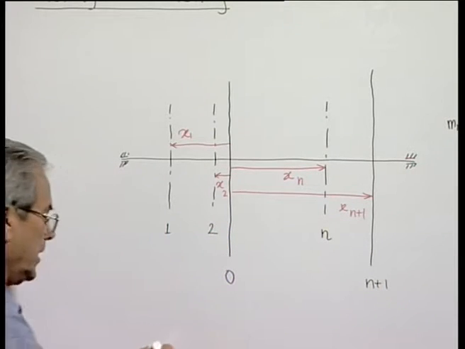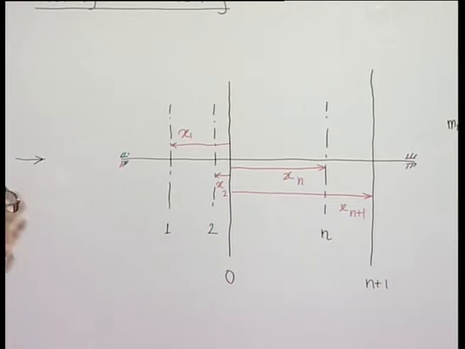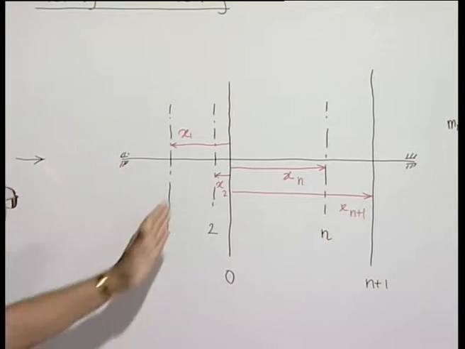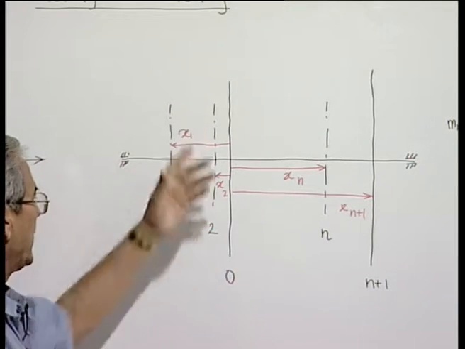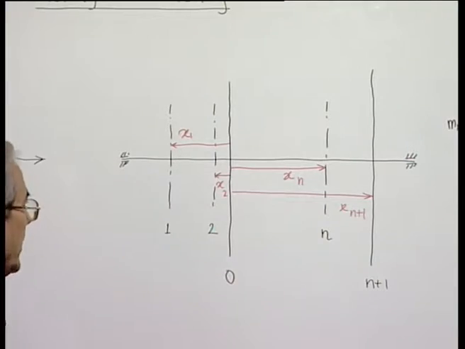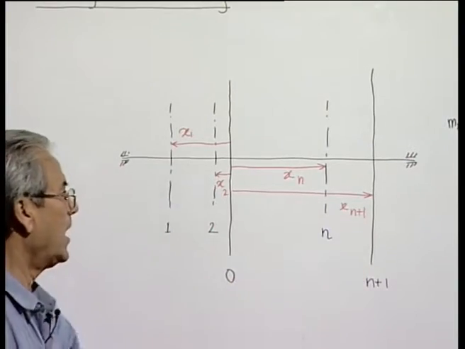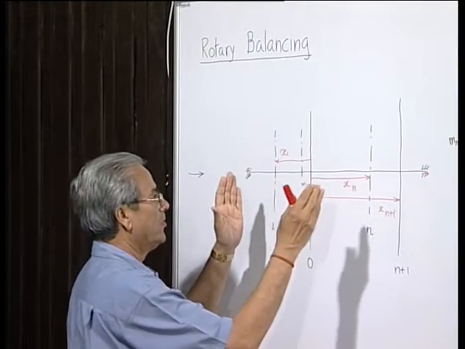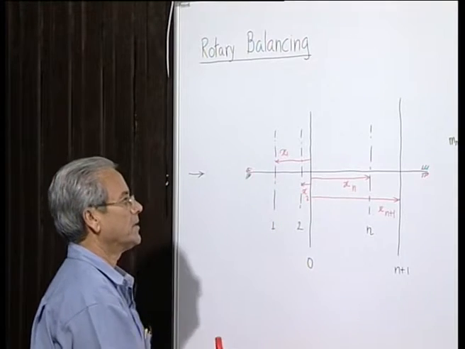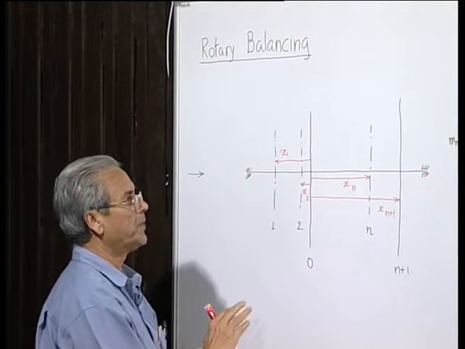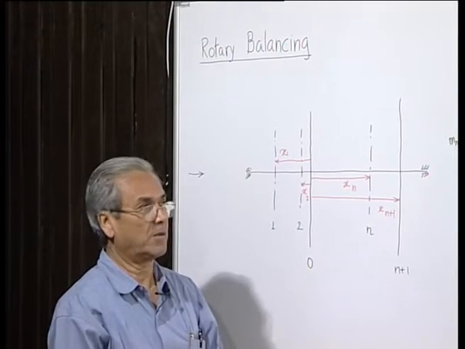So let these be the distance along the axis of the rotor from one of the balancing planes, the 0th balancing plane. This and these are the planes where we have to place the balancing masses. So, now we have a complete idea about the configuration of the system.